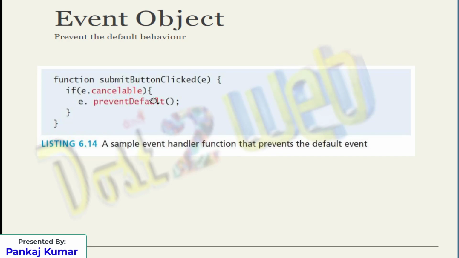What is the default event? That is, when I click, it should get submitted. But no, I want to cancel the event, right? Then you have to add a function with the handler, that is submit button clicked. You pass the handler, that is e. Now if e is cancelable, then what happens? Then e dot preventDefault. Then you can prevent the default behavior execution in the event.